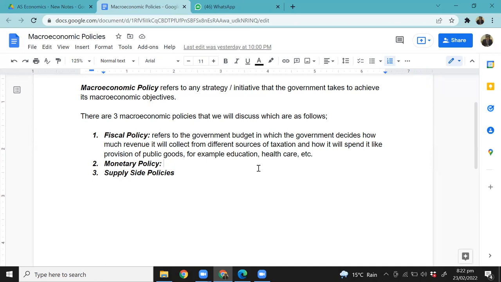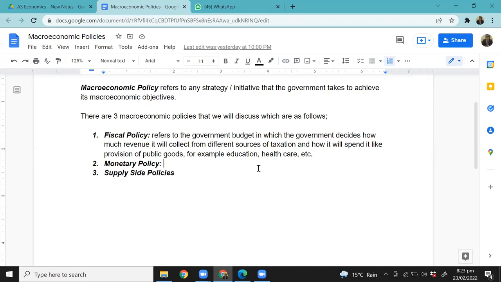From June 2022 to June 2023, how much the government expects to receive in taxes through all these different sources of taxes like income tax, property tax, sales tax, corporation tax, inheritance tax, and all these things, right? And where the government expects to spend this money, in terms of infrastructure, whether it will be spending on building roads, dams, defense, schools, parks, education, and so on, right? So that's what fiscal policy is.